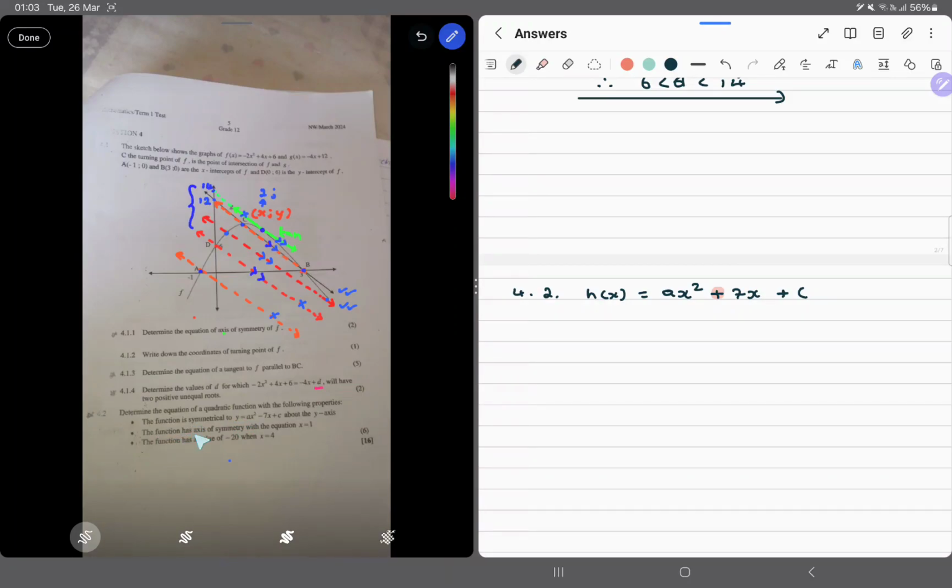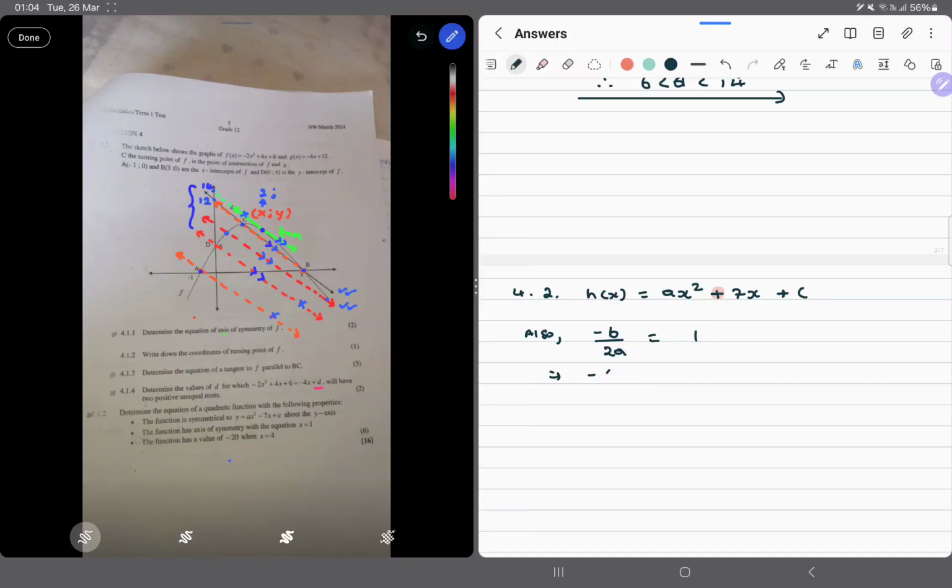Then we're told the function has the axis of symmetry with the equation x is equal to minus 1. Now what do we know? The axis of symmetry is minus b over 2a, which is equal to 1.